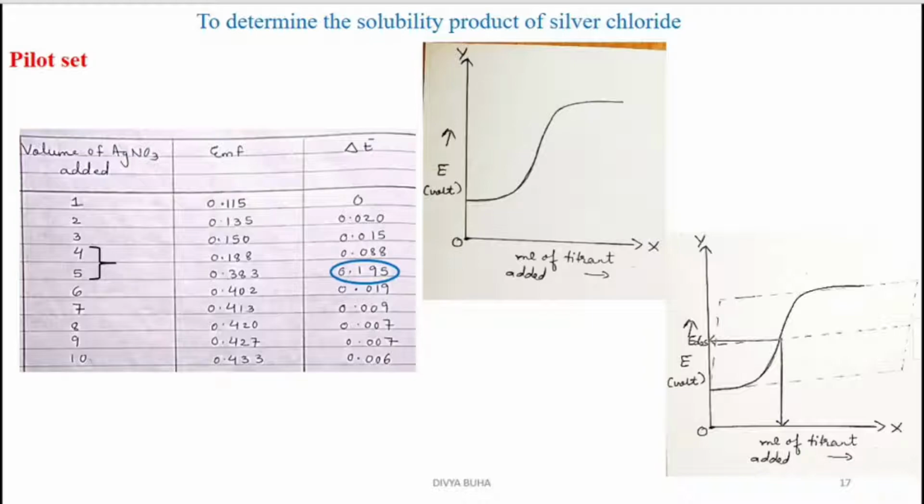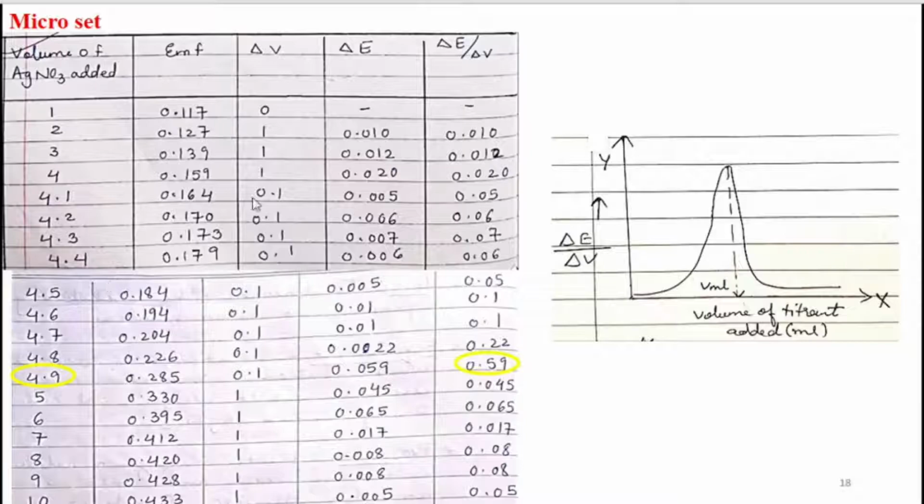So what we will do, we will consider this range, that is between 4 to 5 ml, okay, and we'll try and determine the equivalence point which would be obtained between 4 to 5 ml. So for the microset, again you have to add 1 ml of AgNO3, but between 4 to 5 ml, okay, you have to find out the EMF values at the difference of 0.1 ml of the AgNO3.